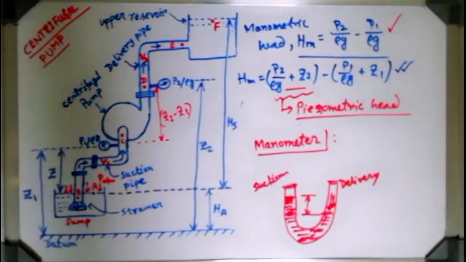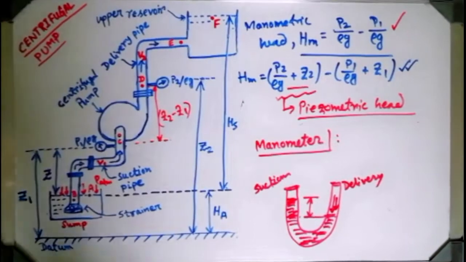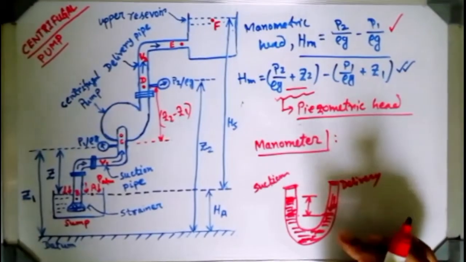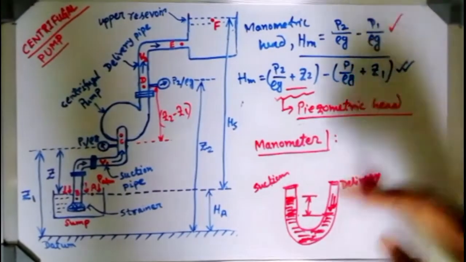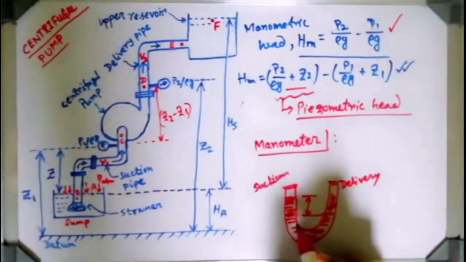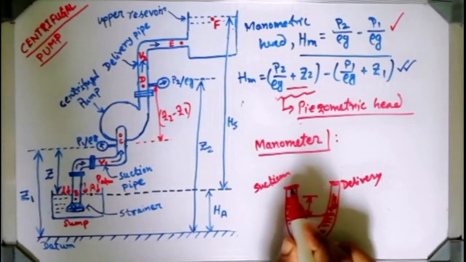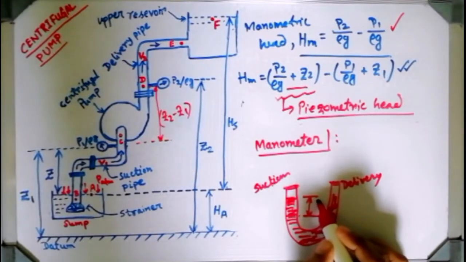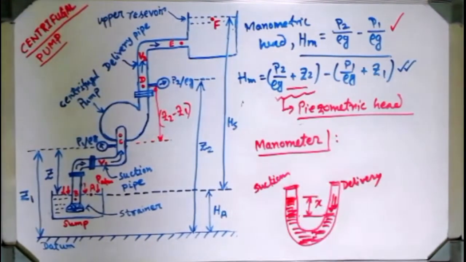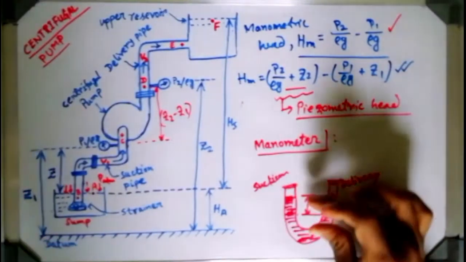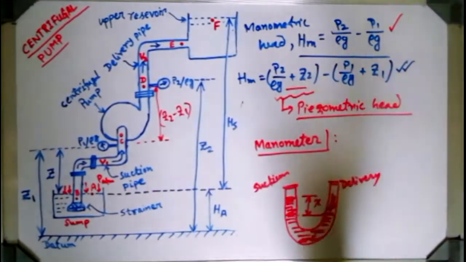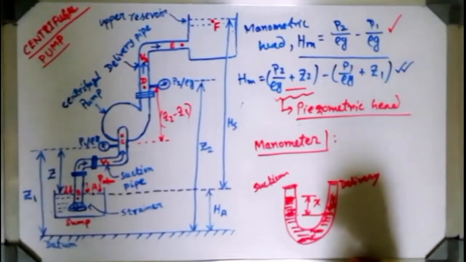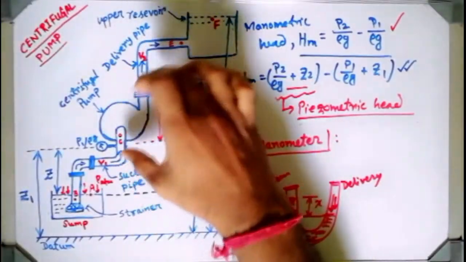Why is it happening? Just because of the difference of pressure. The higher pressure acting on one side depresses the liquid downward, so obviously the liquid on the other side will go up. If you denote that difference by x, then from the difference between these two limbs you can get the pressure difference at these two points.